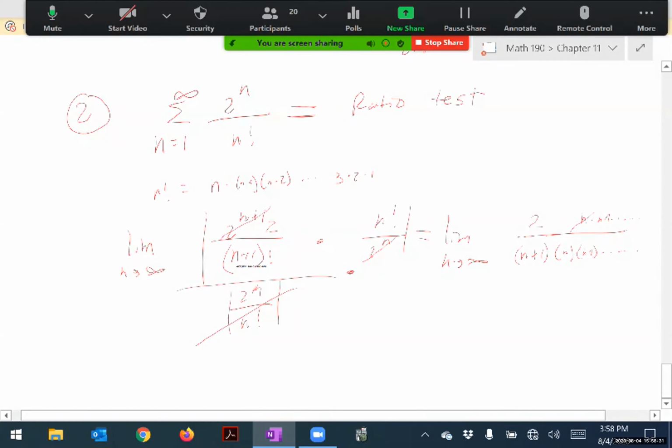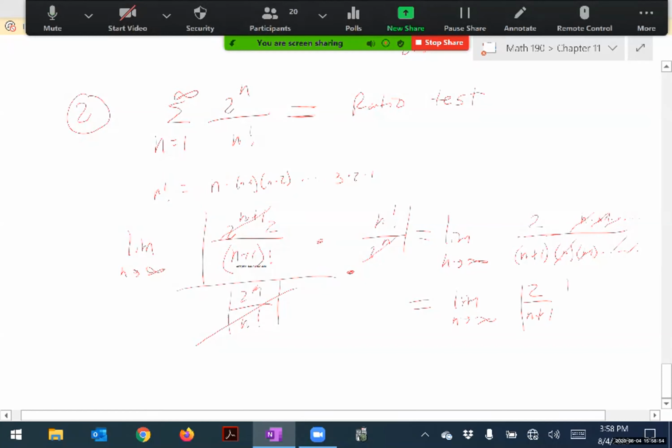So what's going to cancel? Everything except for the n plus 1. So this equals the limit as n goes to infinity of 2 over n plus 1. The only thing that survives is the n plus 1. Everything else cancels out. That's why using the ratio test on factorials is really nice.